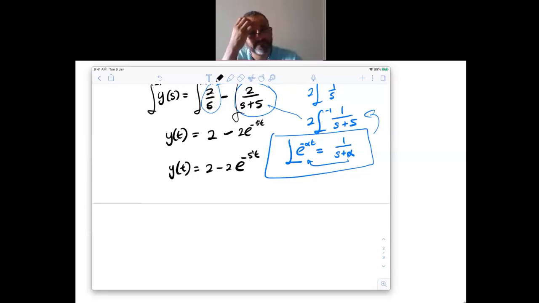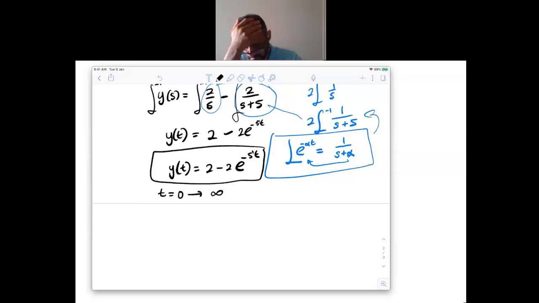Okay, so what is this? The question that I'm asking in the beginning is that, is the system stable or not? Right? We want to check the system stable or not. So when we want to check the system stable or not, we can start giving value of time, from time 0 until time equals to infinity, into this equation, into your response.